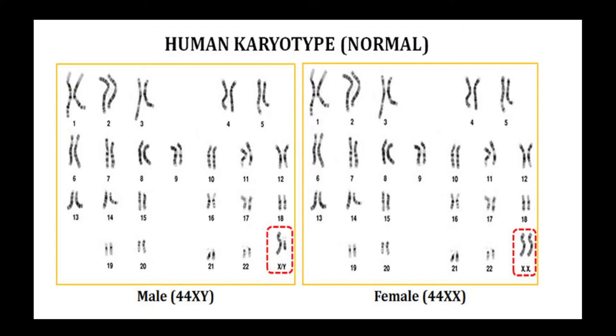So you see that in somatic cells of normal people, there are 46 chromosomes, 44 autosomes, and 2 sex chromosomes. So these are normal male and female human karyotypes.